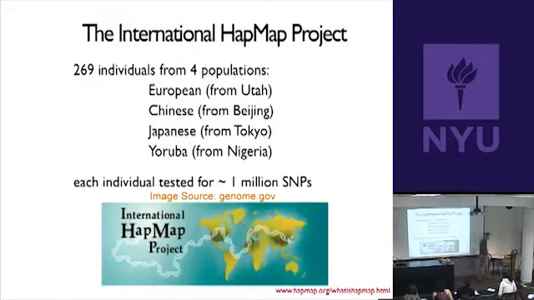Each individual was tested for 1 million SNPs. That is, it was already known that there are certain places in the genome where humans are different, and then each of these people was tested for which allele they have at those locations in the genome, whether they have the C or the G or the A or the T, and so on.